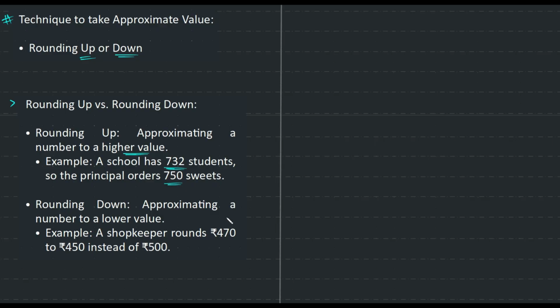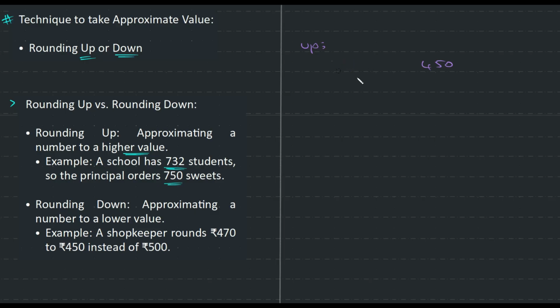Let me explain this way. Rounding up is to go to the higher value. So this is up. You're moving up, right? So let me put it this way.